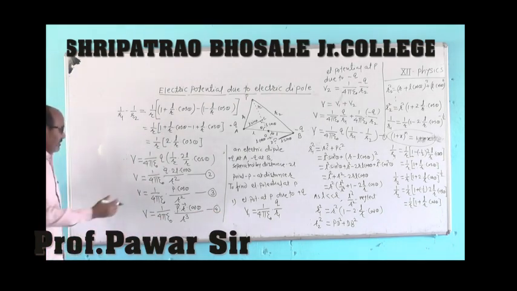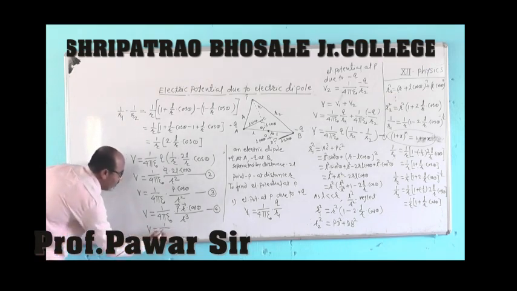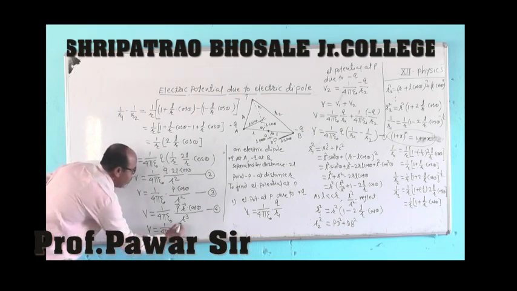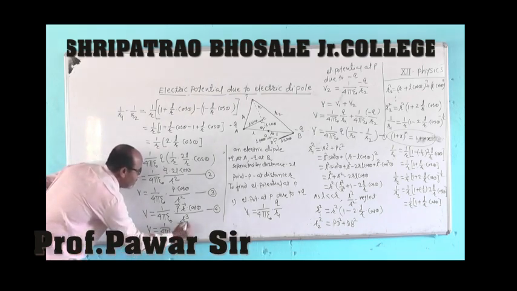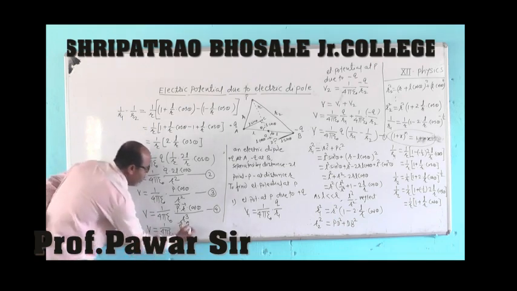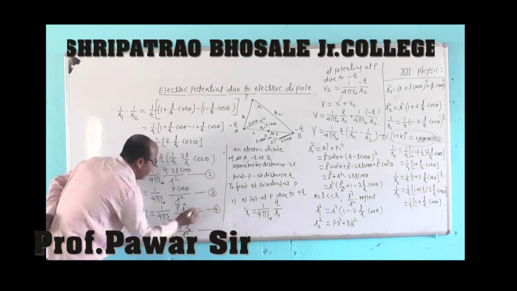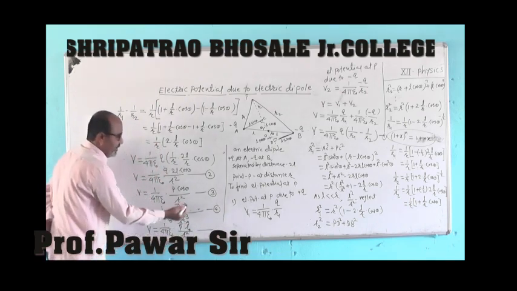Or we can write in terms of unit vector, V is equal to 1 upon 4 pi epsilon 0 P bar dot R0 cap divided by R square. It is not cos theta because A bar dot B bar equal to AB cos theta.